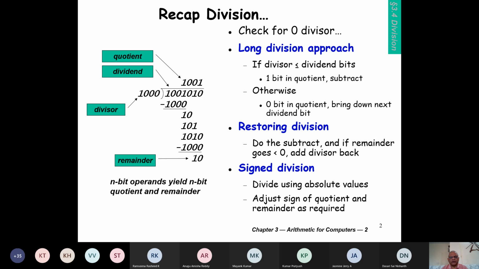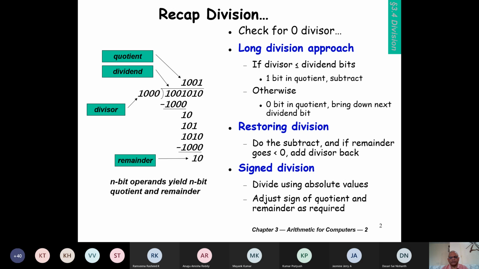This is called the long division approach, but to implement it in hardware, we do a restoring division. The main reason is that in computer hardware, it's difficult to say which number is greater just by analyzing the numbers.